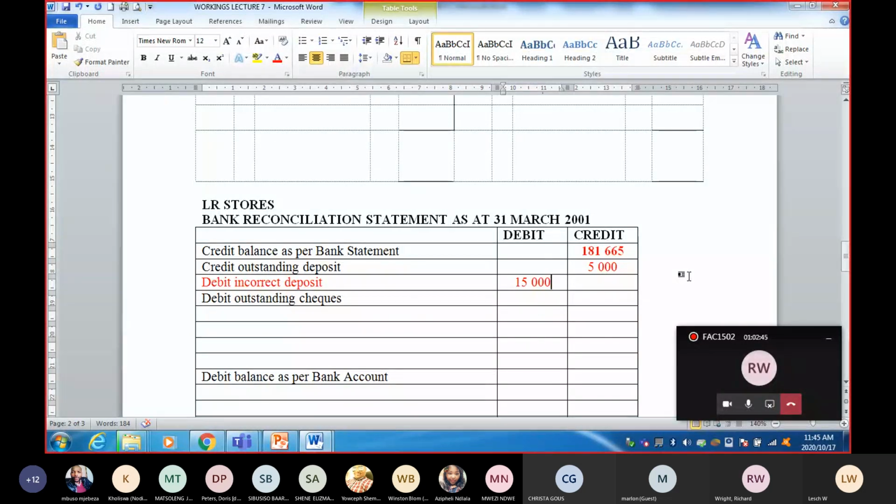And we have updated our cash receipts journal, and we have also made some entries in the bank reconciliation statement regarding outstanding deposits and that incorrect entry.